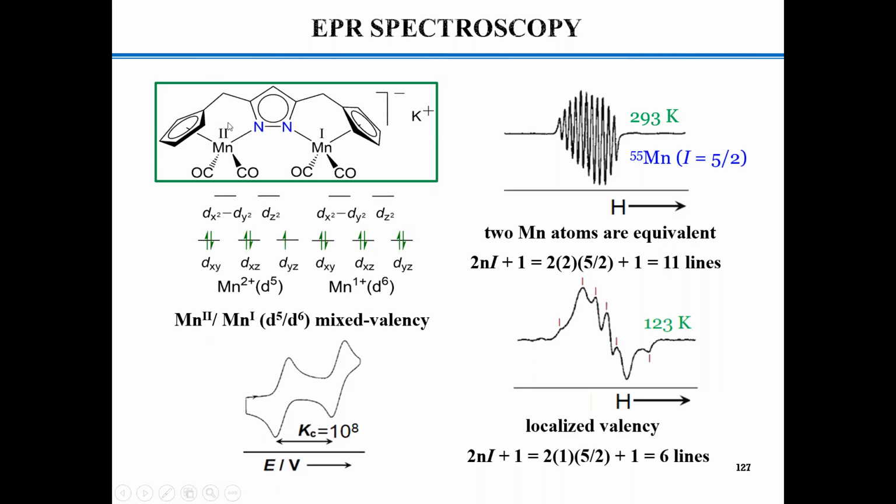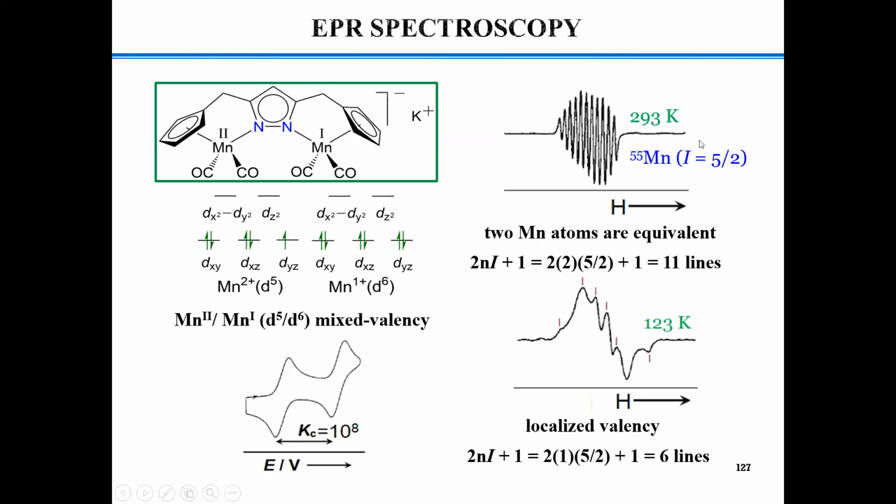Now, if it is a very fast electron transfer, then EPR time scale cannot distinguish between manganese 2 and manganese 1. It could see manganese 1.5, manganese 1.5. Now, manganese is 5 by 2. If it is localized on a particular metal center, you should expect 6 lines. But if both the centers, like moly in the previous case, you should expect 11 lines.